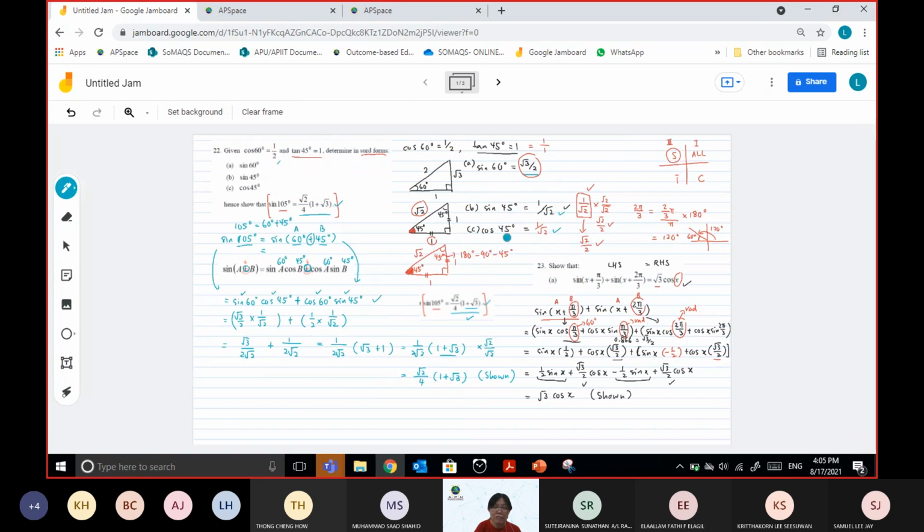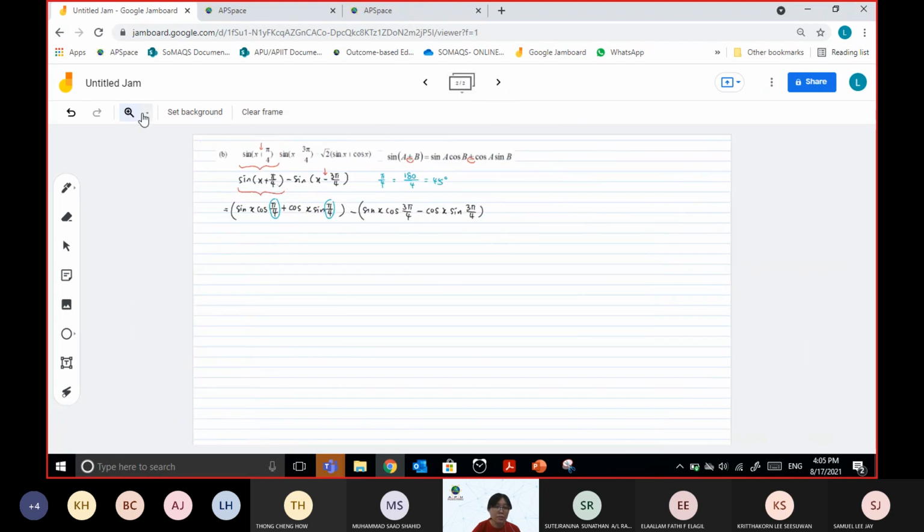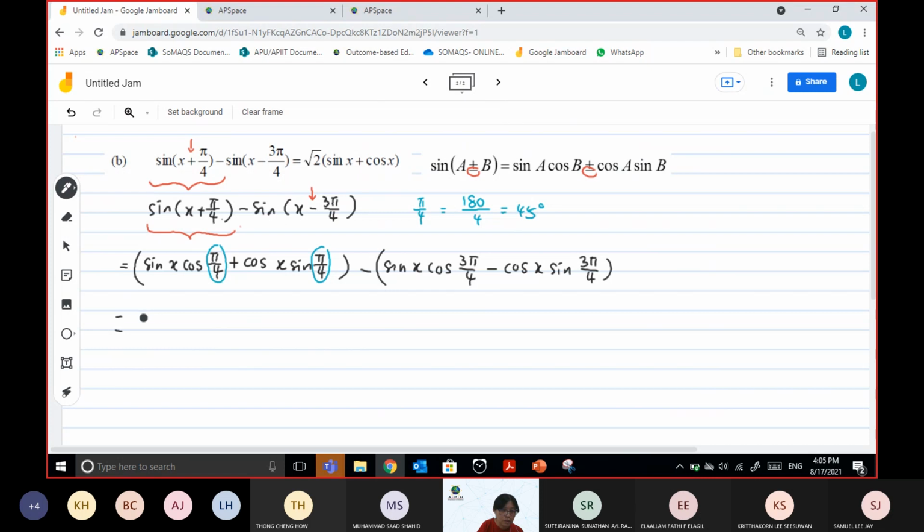We already have the answer for sine 45 and cos 45. Both give you 1 over square root of 2. So back to this one: sine x times 1 over square root of 2 plus cos x times 1 over square root of 2. This is what you get here.